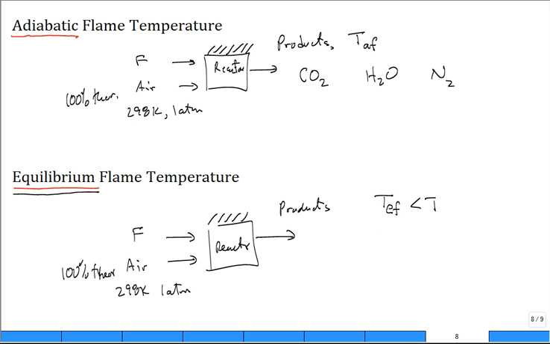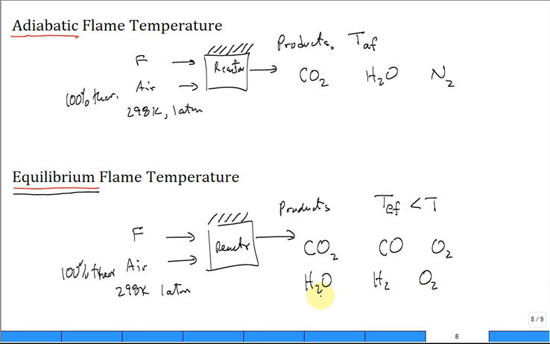Why? Well, it tries to make it all into CO2, but CO2 can dissociate into CO and O2. True? And it tries to go all into water, but the water can dissociate also into hydrogen as well as oxygen.